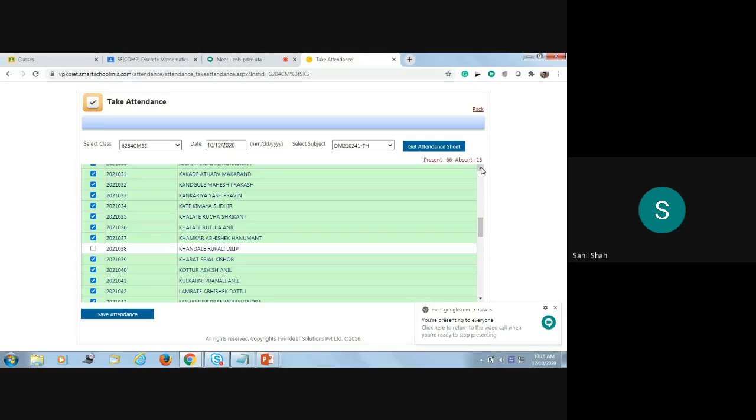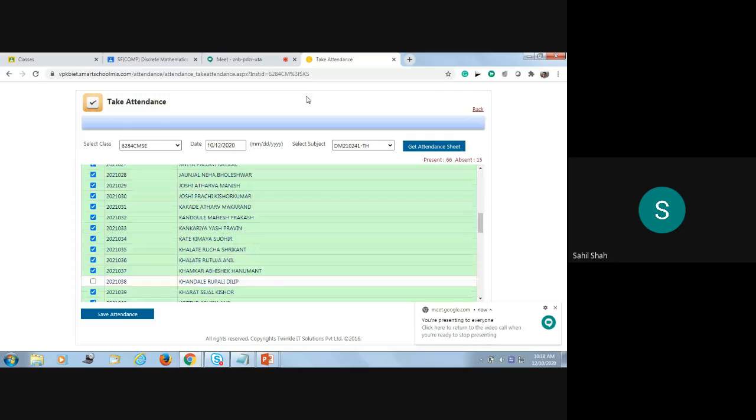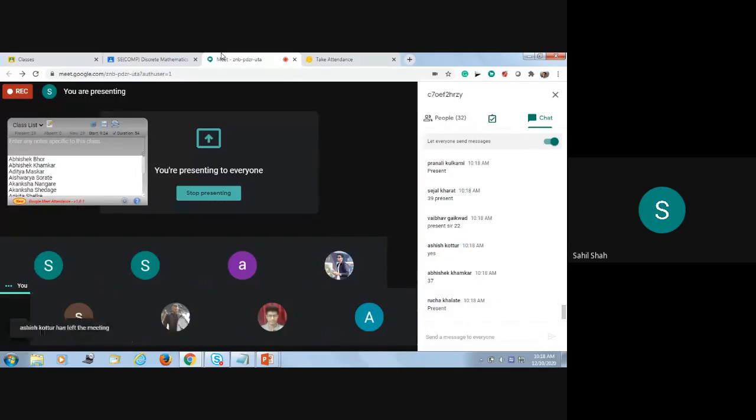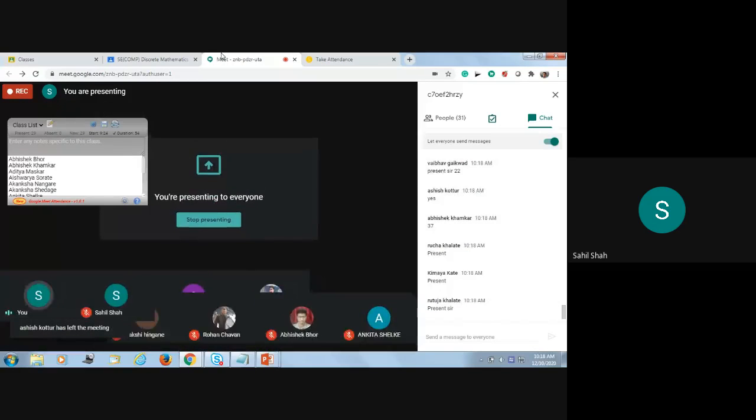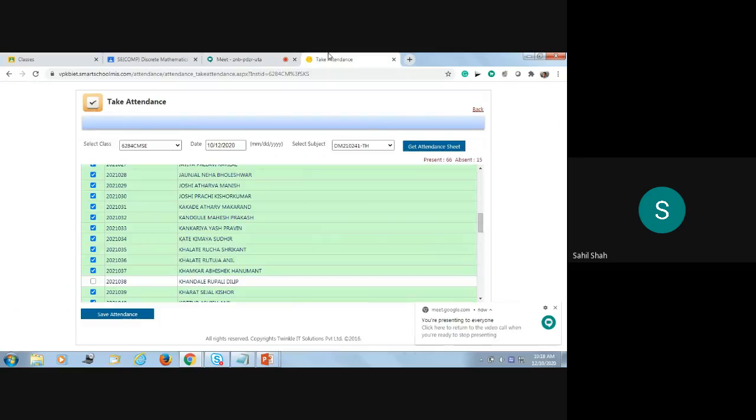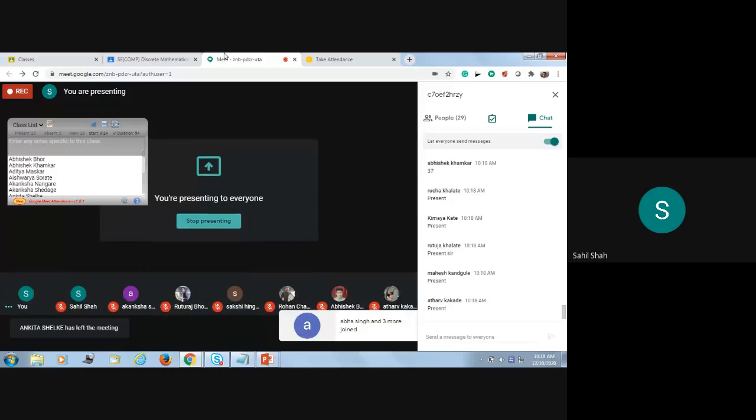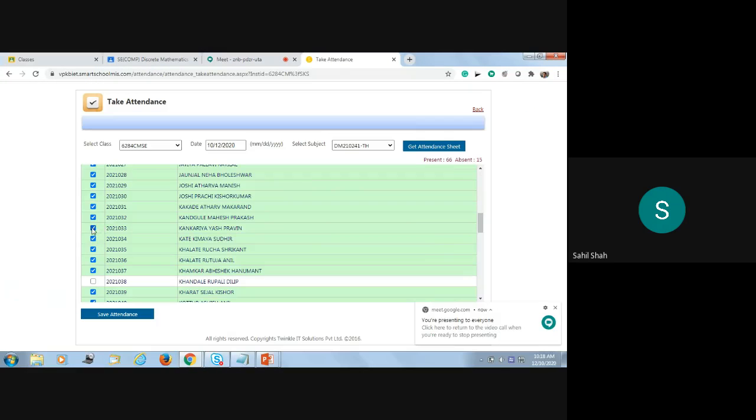Khalate Rutuja, Khalate Rucha, Kate Kimaya. Rucha Khalate present. Rutuja Khalate present, and Kimaya Kate is also present. Joshi Kakade Atharva, Kandgule Mahesh, Kankariya Yash. Atharva Kakade present. Yash Kankariya.